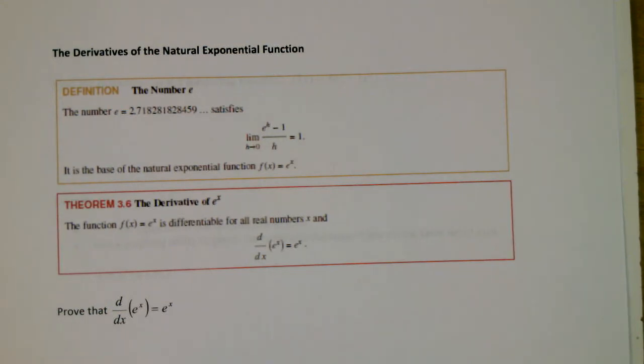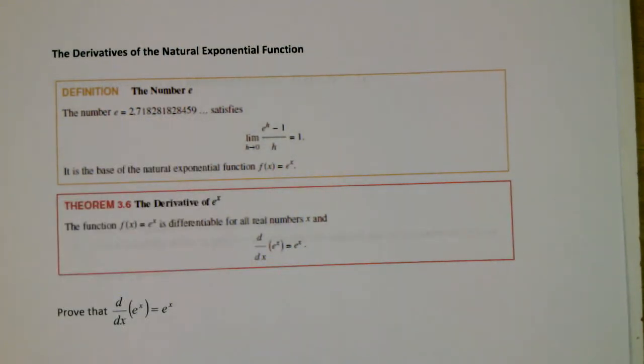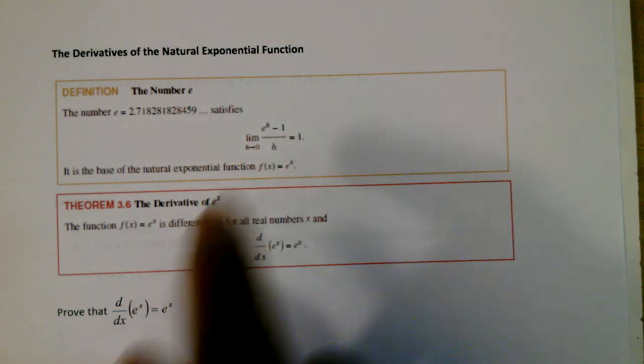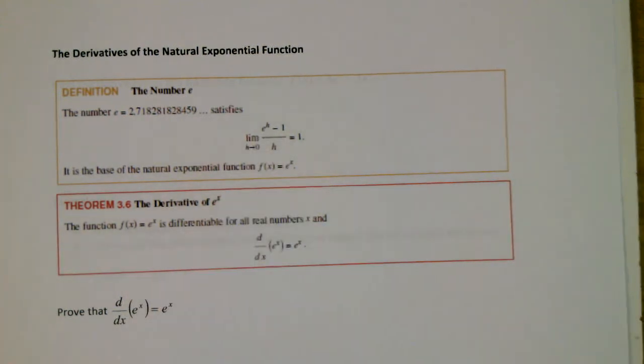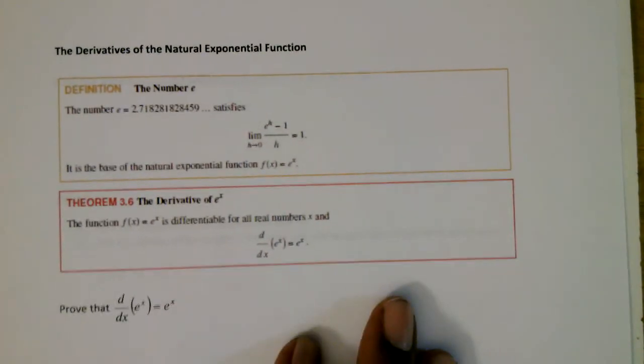All right, the number e is this that I just got through talking about, which is the approximate number 2.71828182845 and so on, satisfies this, which is the limit as h approaches 0 of e to the h minus 1 divided by h equaling 1. Okay, it is the base of the natural exponential function, f of x equals e to the x. So that's just a definition of the natural number e.